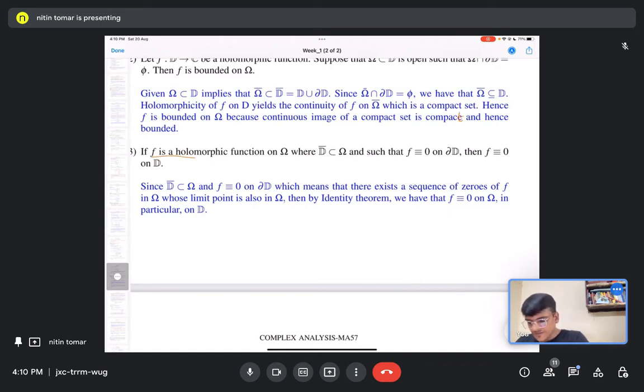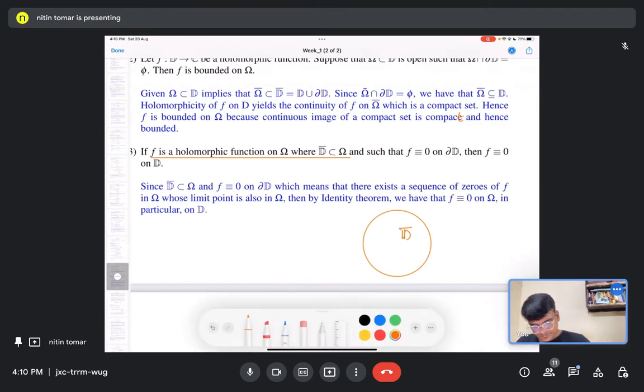Now the next question is, f is holomorphic on omega where D bar is contained in omega. Now you have the closed unit disk D bar, and you have some open set omega here.